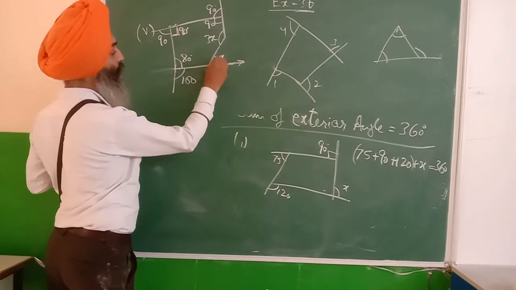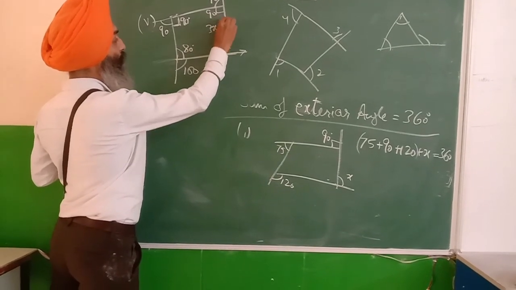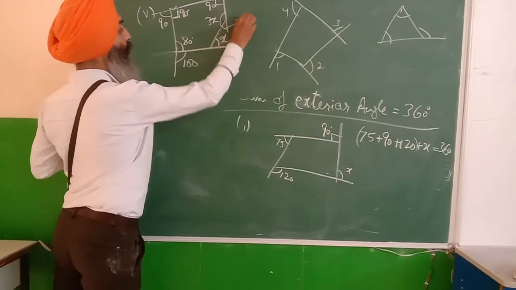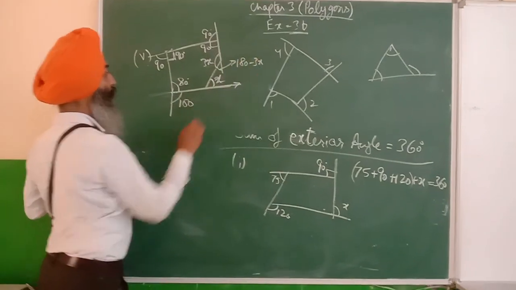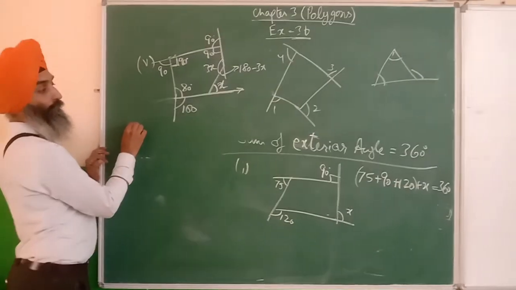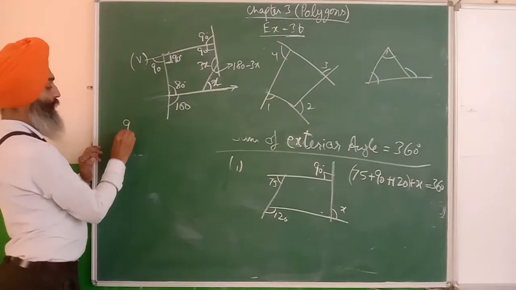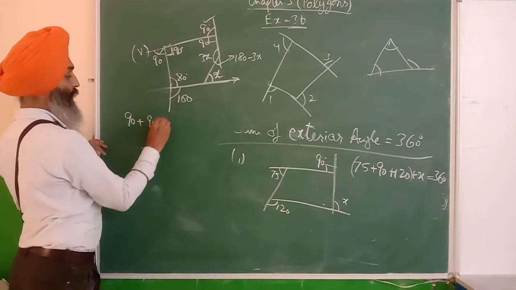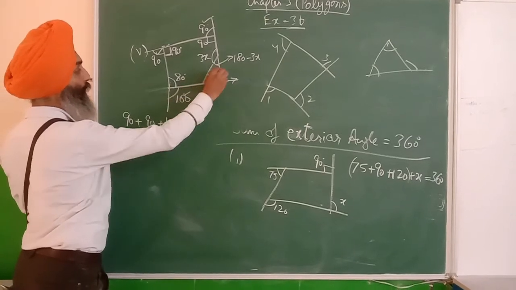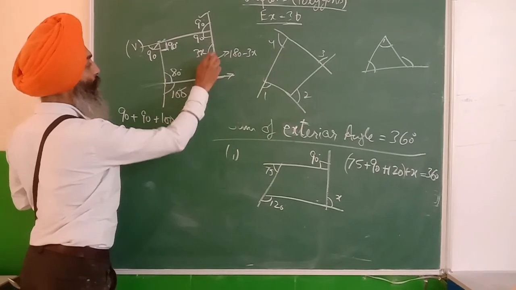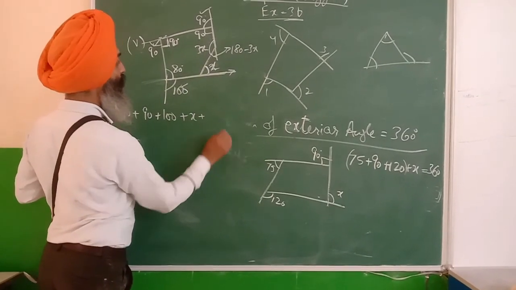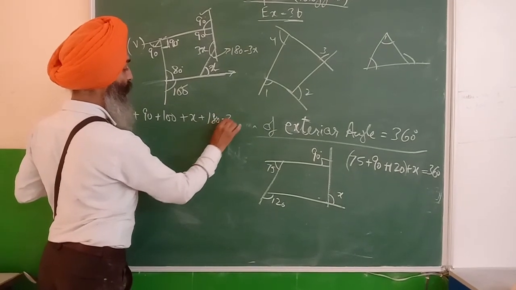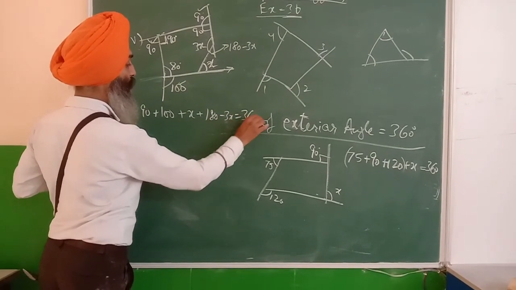This one is already an exterior angle, and this would be 180 minus 3x. And you know that the sum of all exterior angles is equal to 360. So 90 plus 90 plus 100 plus x plus 180 minus 3x would be equal to 360.